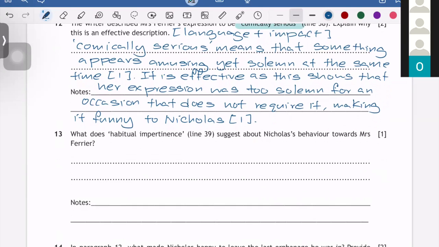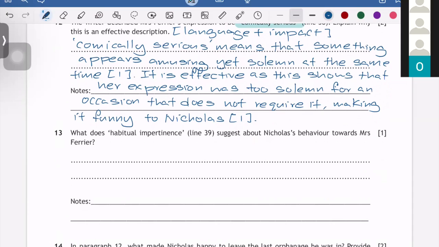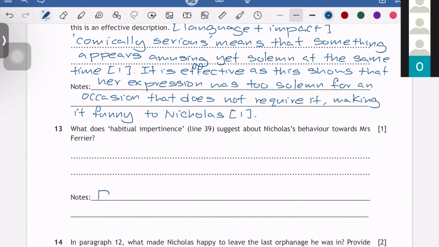Question 13, what does habitual impertinence suggest about Nicholas' behavior towards Mrs. Ferrer? Here, define the words first. Habitual is something that you do constantly.